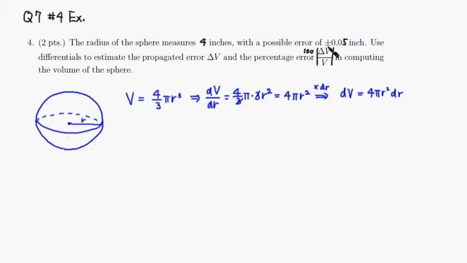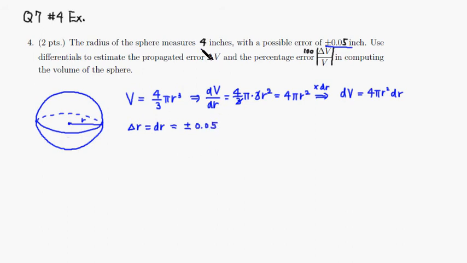In this case, the possible error is 0.05, so delta r, which is the same thing as dr, is equal to plus or minus 0.05.